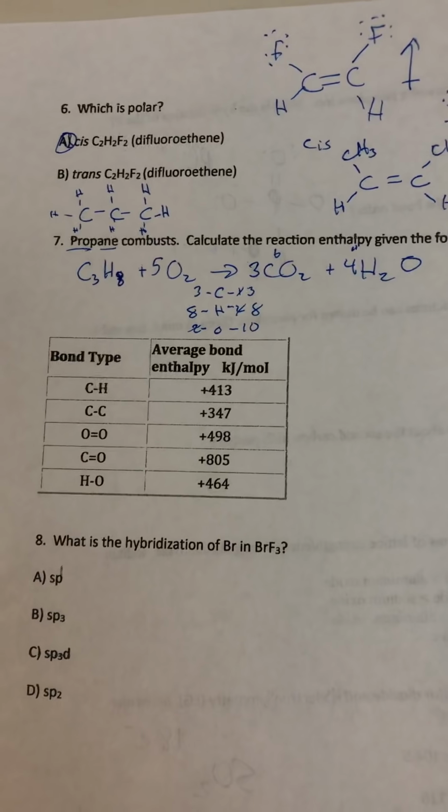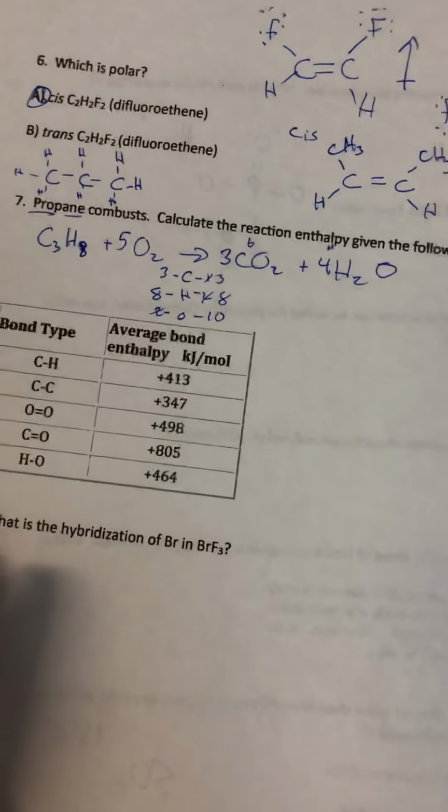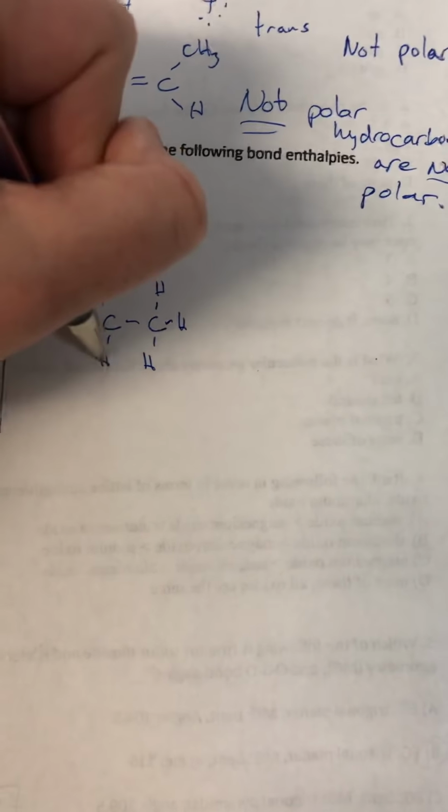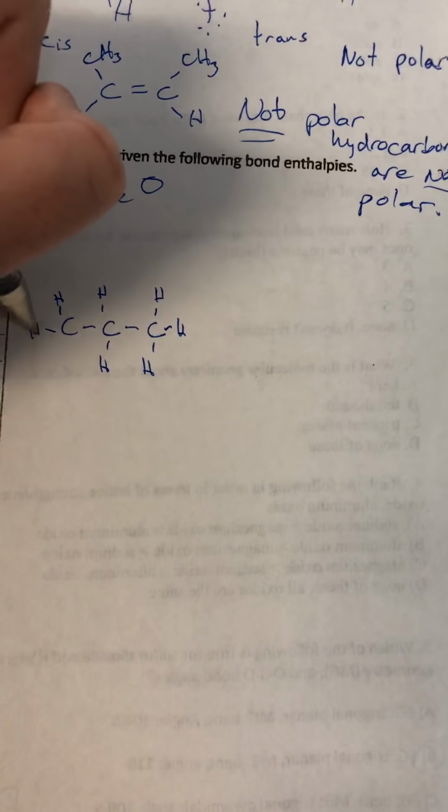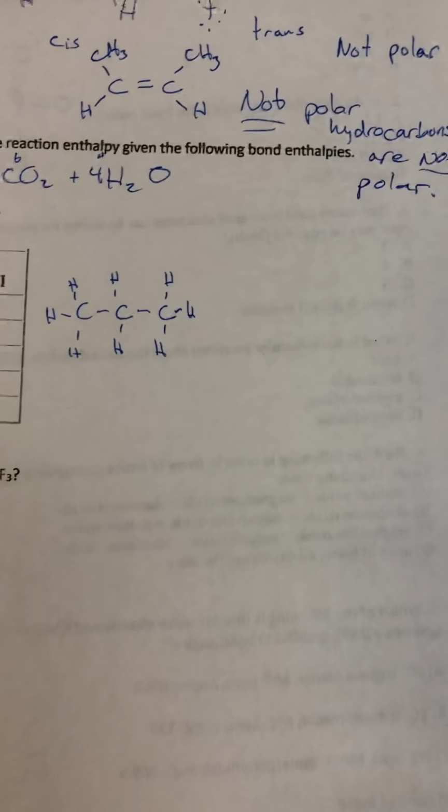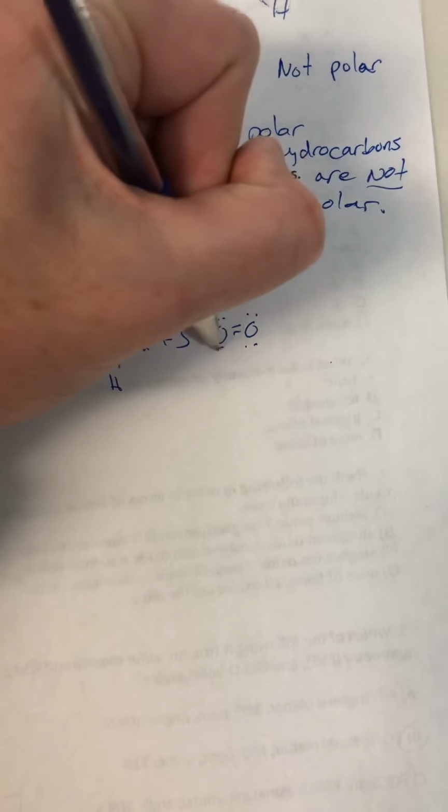Now we can start looking at the bonds. Let's go ahead and start by redrawing these compounds, but actually thinking about what they look like. So again, carbon is 3 carbons. And we're reacting this with 5 O2s, which would look like this.